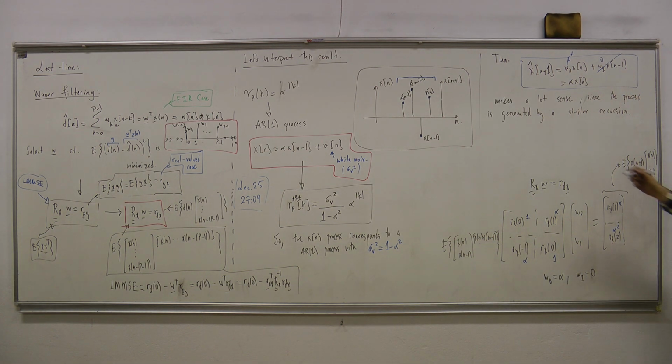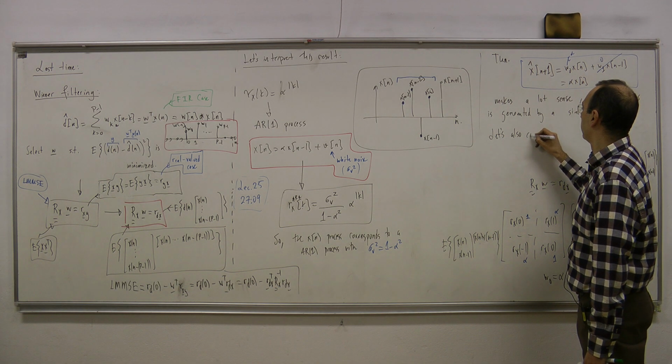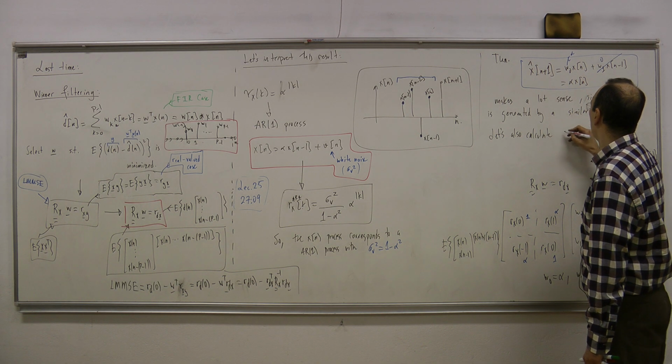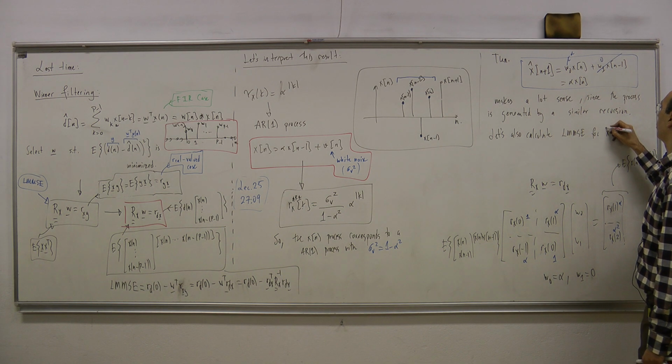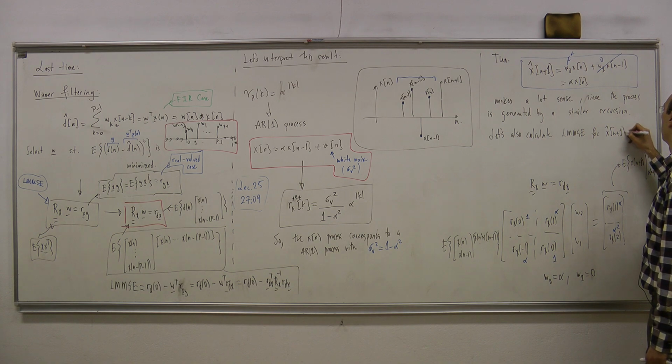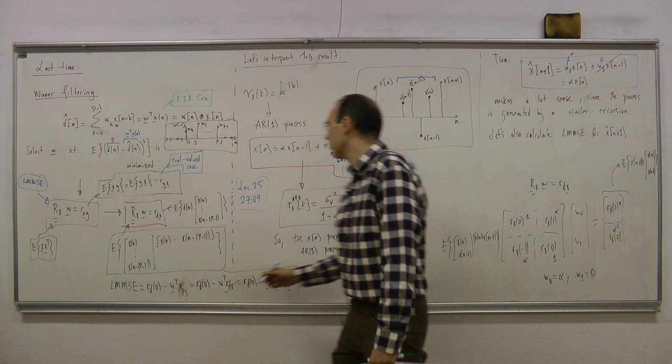Well, that is it. So let's also calculate the linear MMSE result for this estimator of x of n plus 1. So how can I calculate this? Well, it is this one.